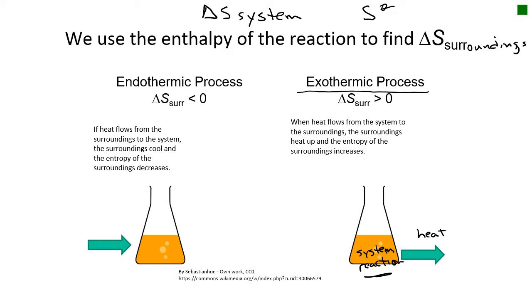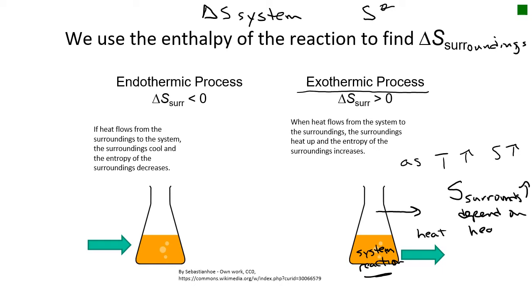So if we have heat flowing from our reaction, our system, into the surroundings, we know that as the temperature of something goes up, the entropy goes up, which tells us as the heat goes into the surroundings, the entropy of the surroundings is going to go up. And the entropy of the surroundings is going to depend on the amount of heat from the reaction.